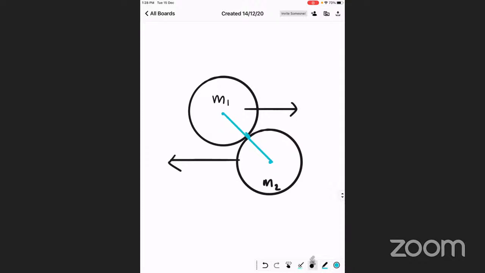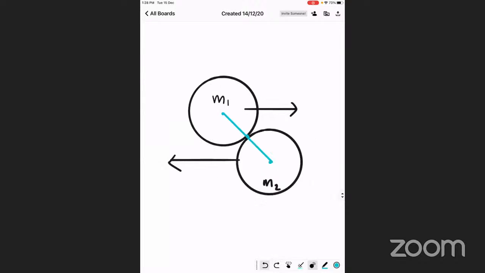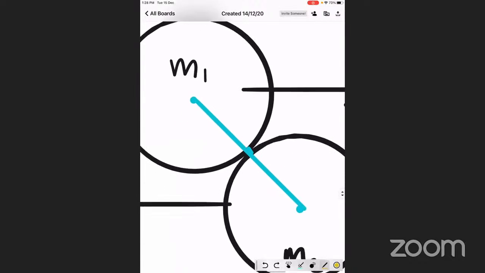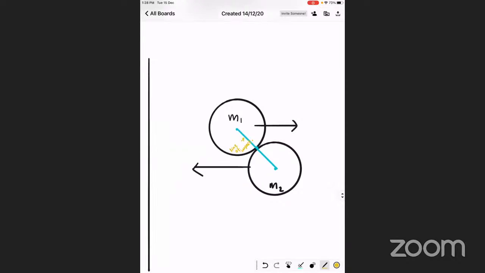So this is known as the line of impact. Understood? Yes.